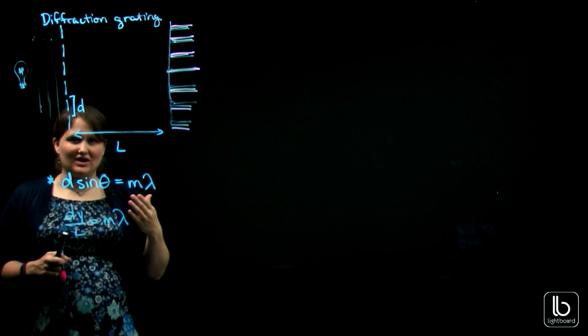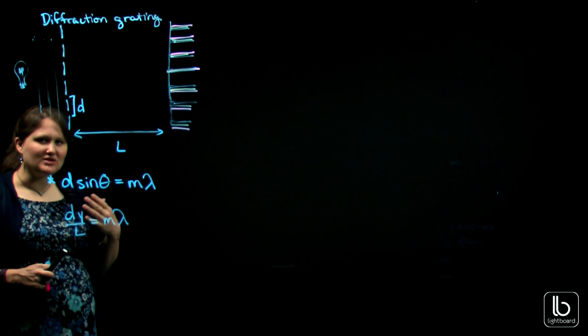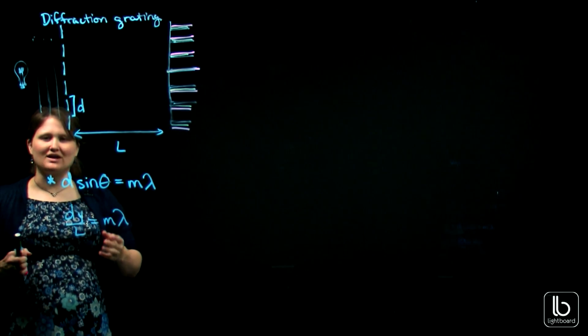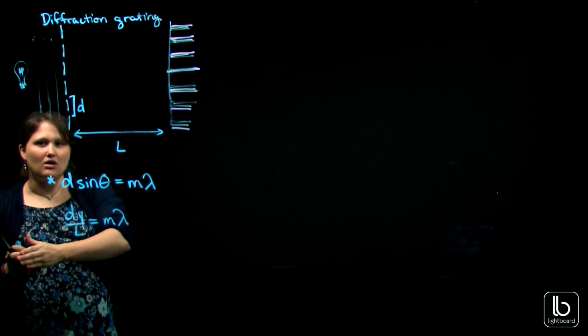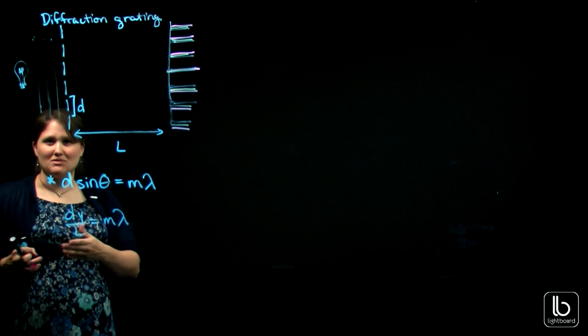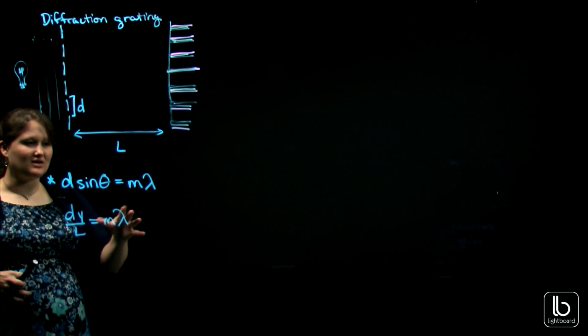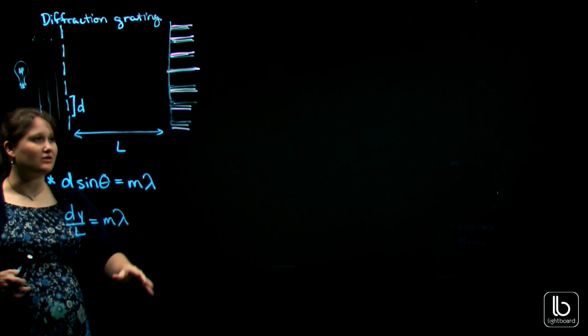So diffraction gratings are really useful for something we call spectroscopy. Now remember, the electromagnetic spectrum is all of the colors. So spectroscopy you can think of as measuring the color. You can actually put a number to it, and that number is associated with the wavelength.